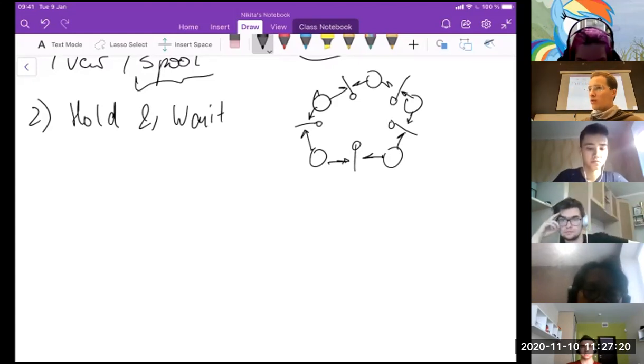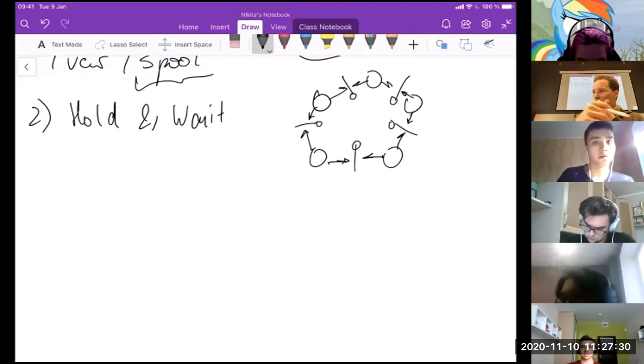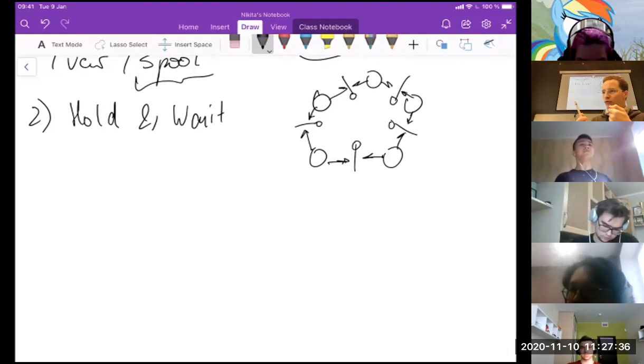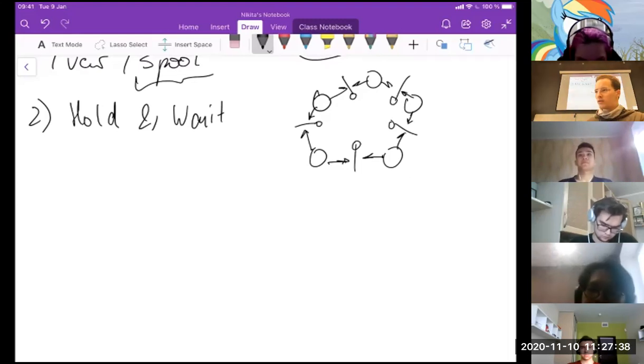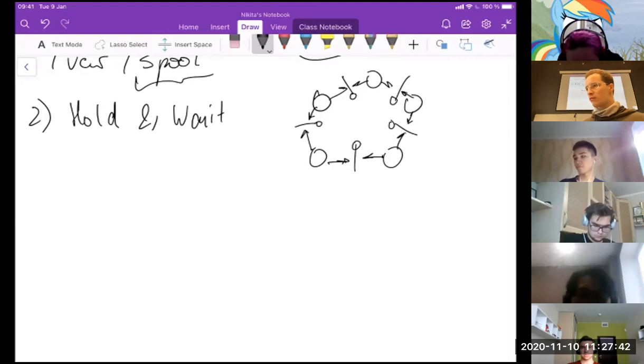So the point is you either acquire all of them or you release. You don't acquire a part of them. The problem is if you acquired something, the others cannot use it if you have non-preemption and mutual exclusion. You acquired it, but you're still unable to finish, so you will not release it. This is why you either try to acquire everything and run, or you don't acquire anything. Okay.